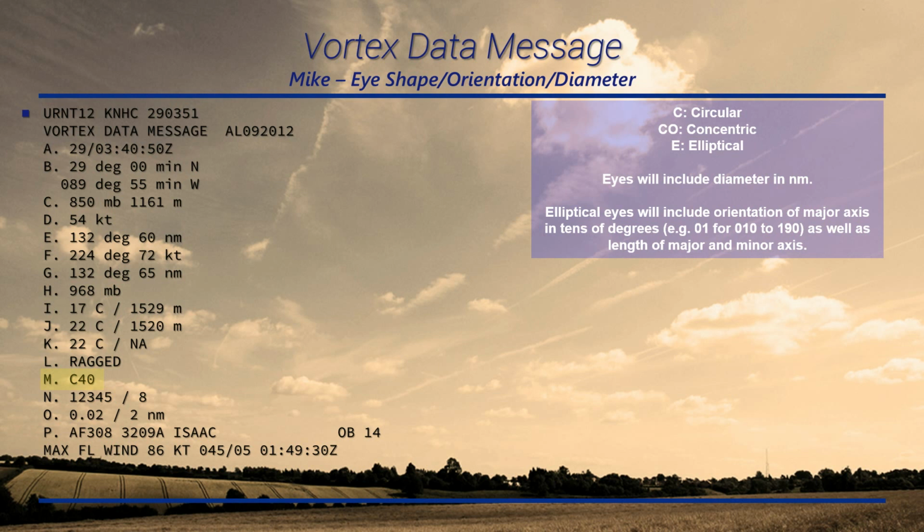So 09 would tell us it's an east to west orientation. Then /15, that's the length of our major axis. So from east to west, it's 15 nautical miles across. And then another slash with 5, for instance, and 5 is the length of our minor axis, so that's going to be north to south.